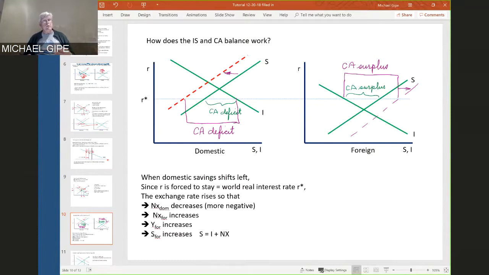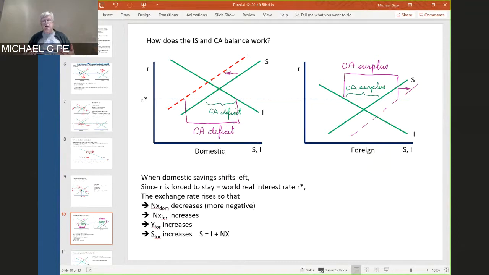And once that adjusts, that changes the desired net exports. In fact, since the domestic currency is appreciating, it's more valuable, it makes foreign products cheaper, and therefore we would tend to buy more foreign products, and our products are more expensive to the foreign economy, so they would buy fewer of our products, and both of those things reduce net exports. It's already negative. It goes further negative.